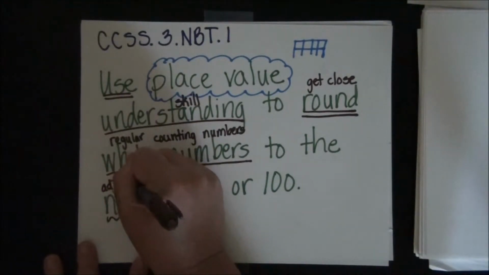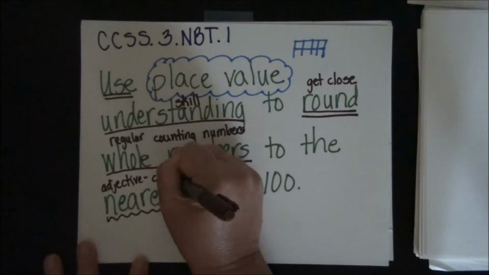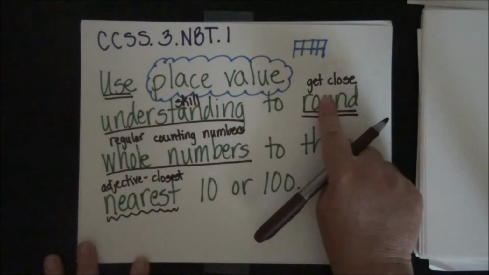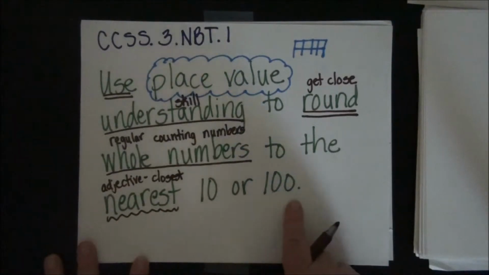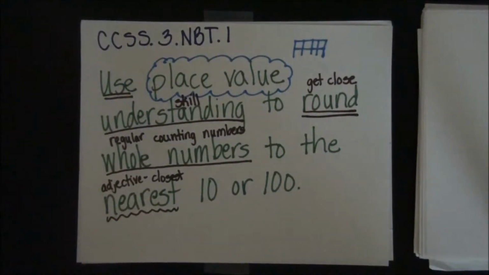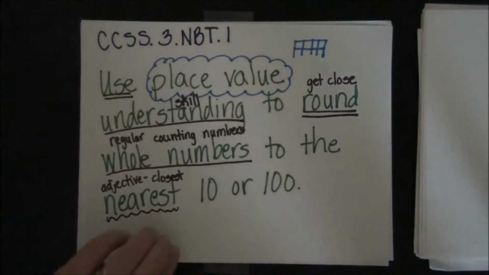That means closest. That's really key in this, that it's the closest. And notice we said get close, and we're going to find the closest 10 or 100. So what we are going to be doing today is using our place value skill to get close regular counting numbers to the closest 10 or 100. Okay, so that's our standard that we're working on.